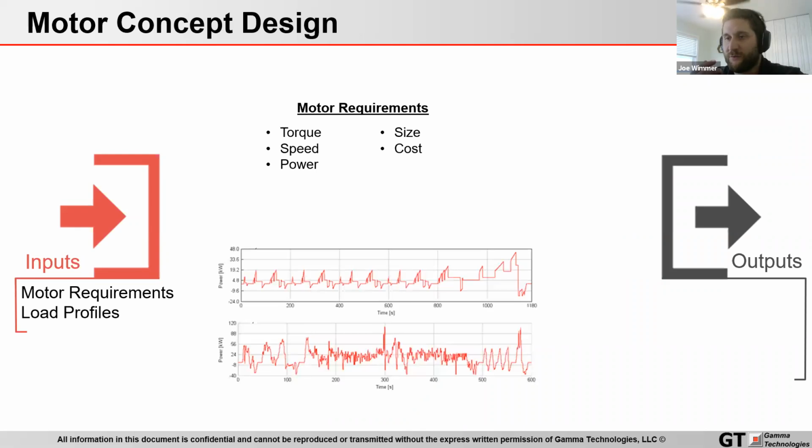And so generally what we'll see at this motor design stage is going to be motor requirements in the form of maybe torque, max speed, power, actual dimensions. We only have so much room in the vehicle, as well as cost. And then we might also even have some load profiles that could be power versus time or torque versus time.